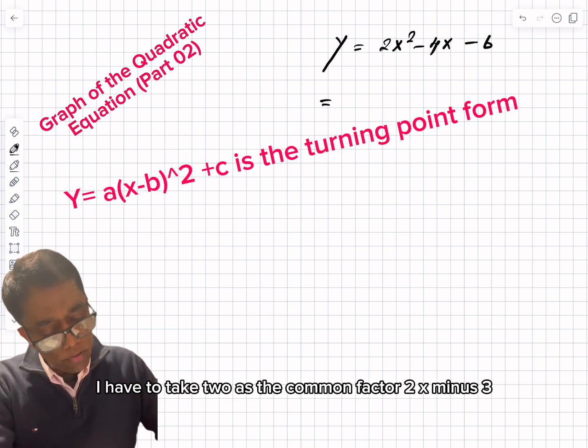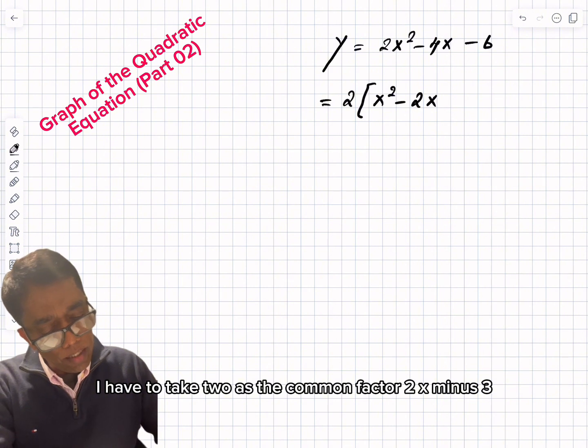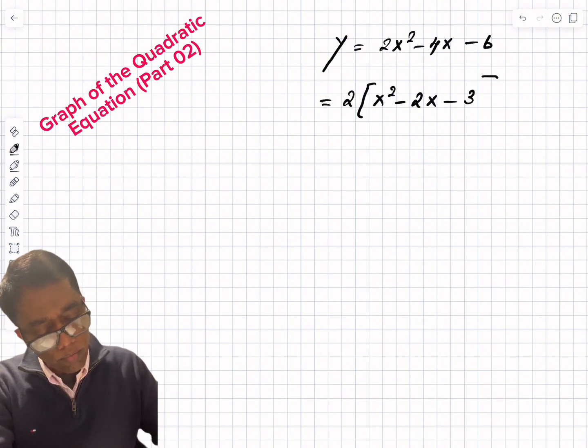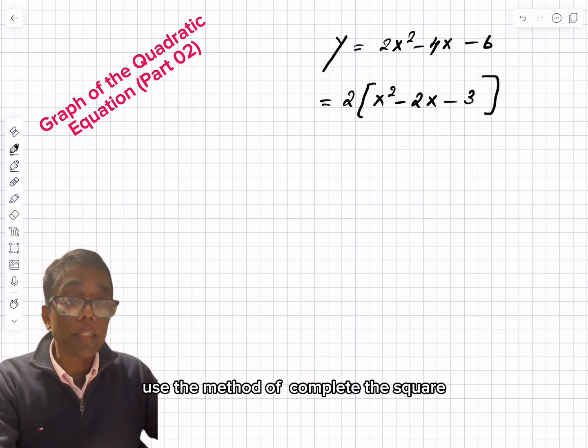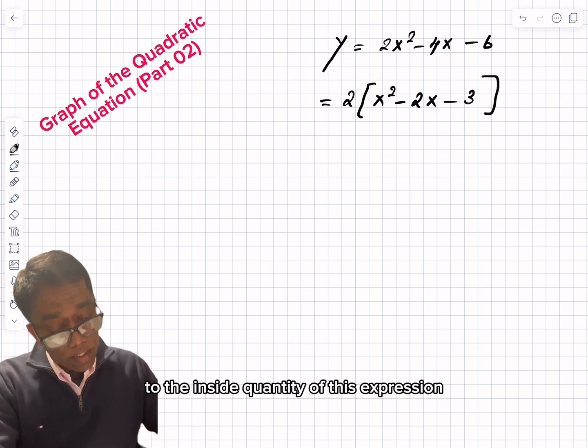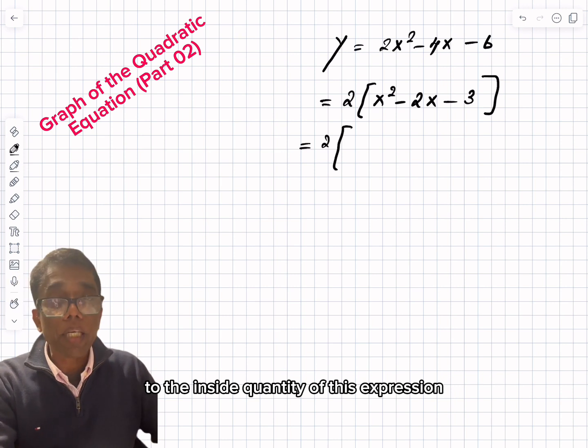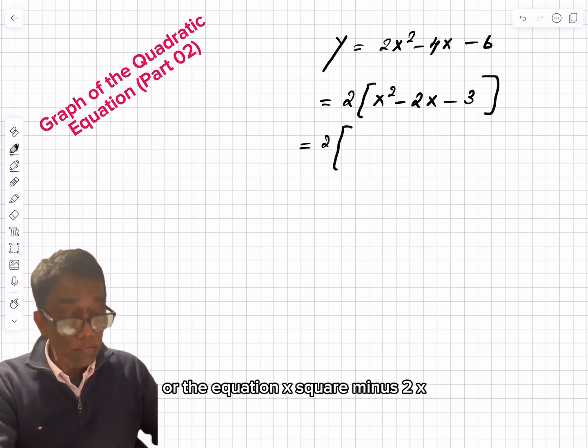Then I have to take 2 as the common factor: 2(x squared minus 2x minus 3).